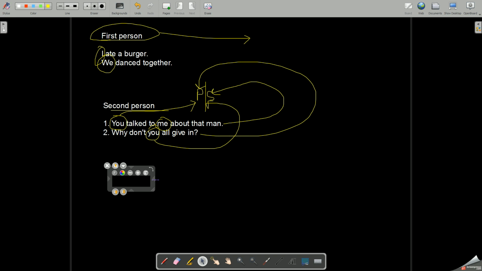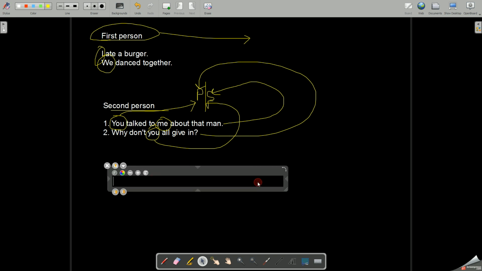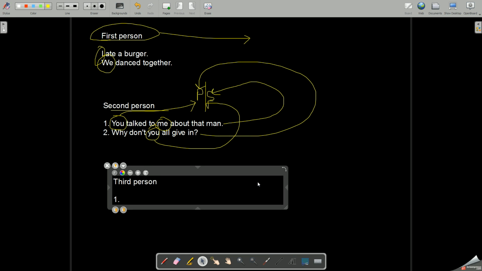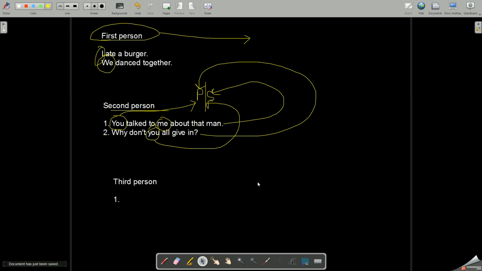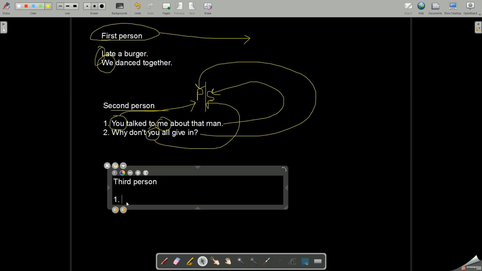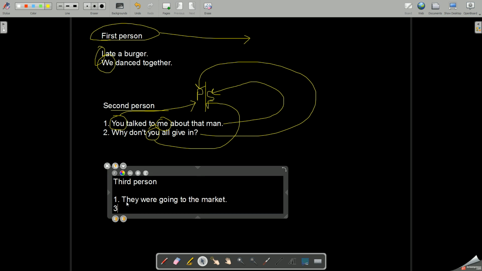And talking about the third person, we have: They were going to the market. He dragged the boy along with him.